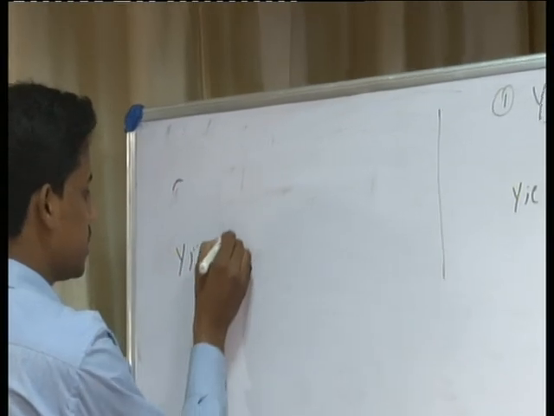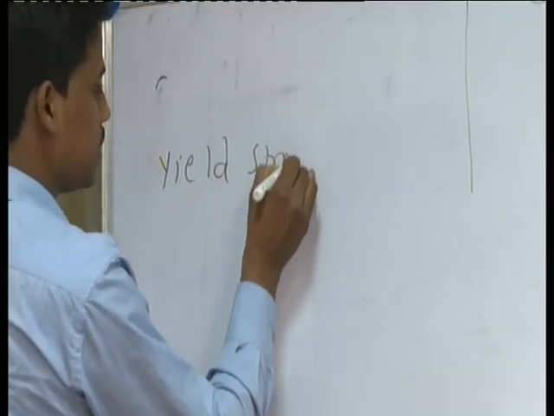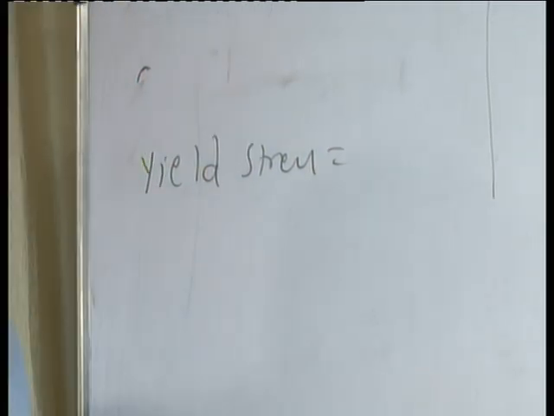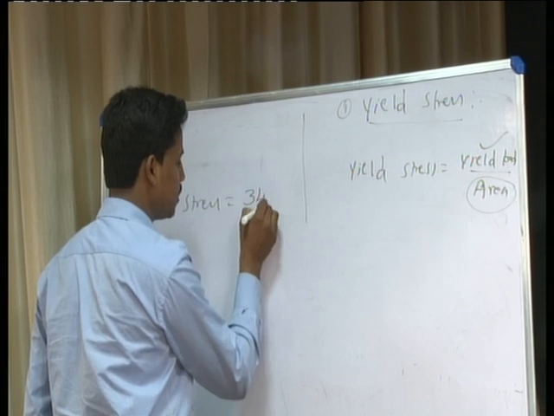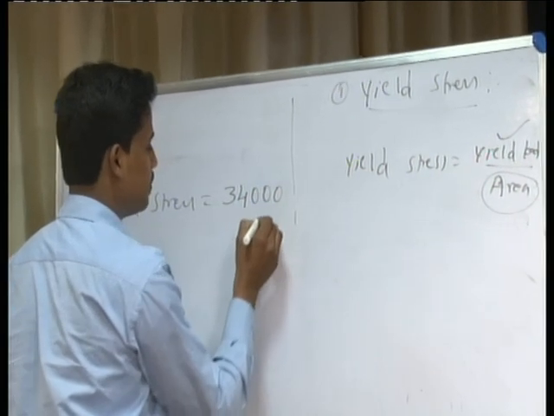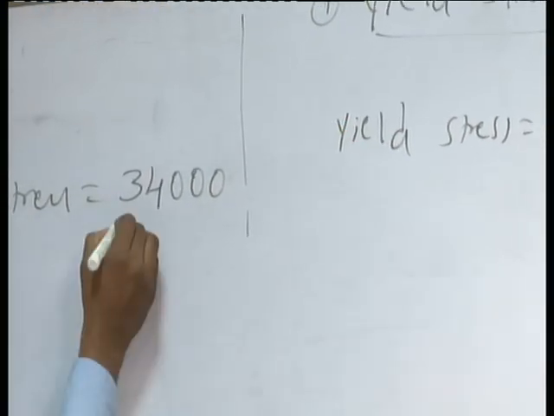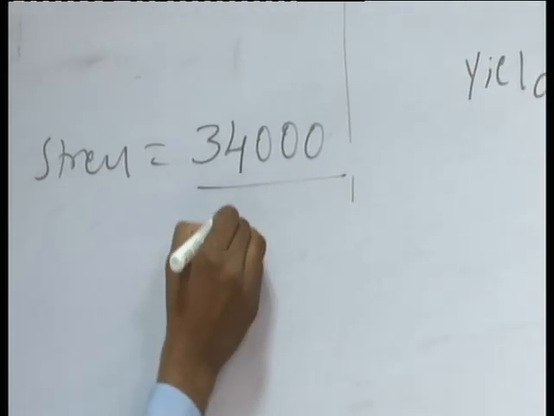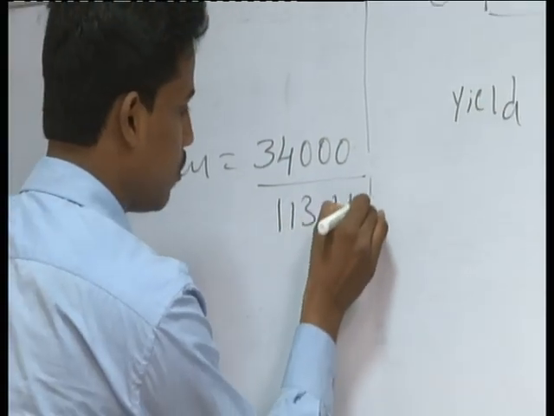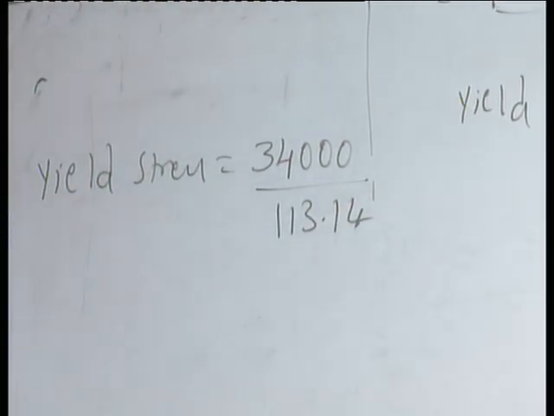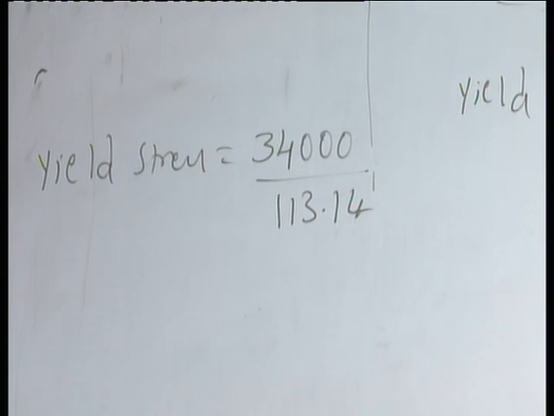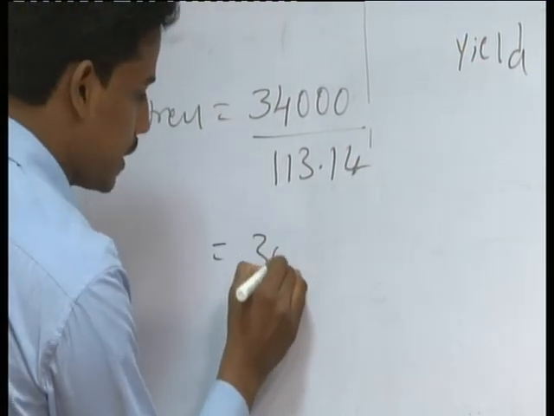So yield stress is equal to yield load divided by area. How much yield load is given? The given yield load is 34 kilonewton, so we are converting 34 kilonewton into Newton. That means 34,000 Newton divided by the area 113.14.